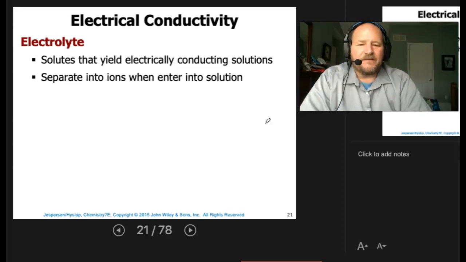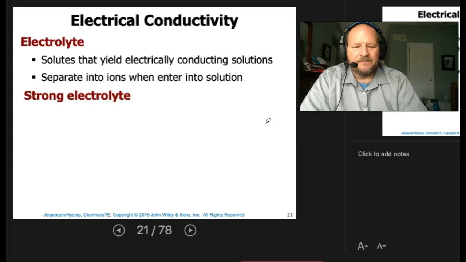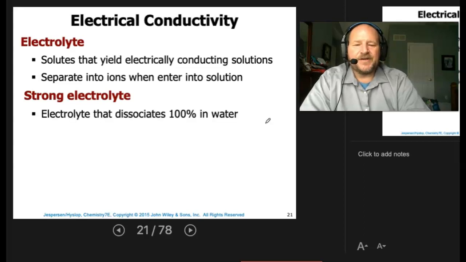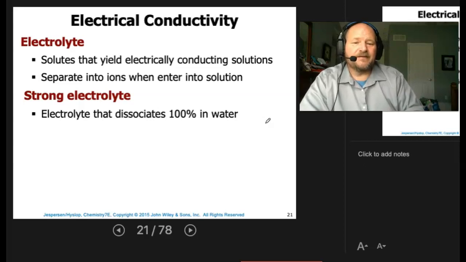Now, there are varying degrees of that dissociation. And so if I have a strong electrolyte, then that means it's going to dissociate at 100%. Anything less is not a strong electrolyte. So when we say it's a strong acid, what we're saying is it dissociates completely.